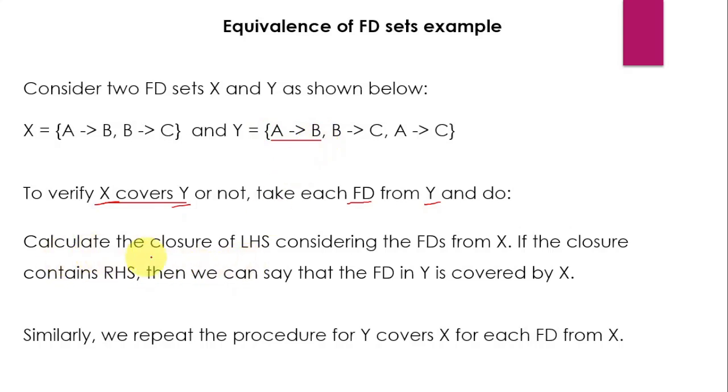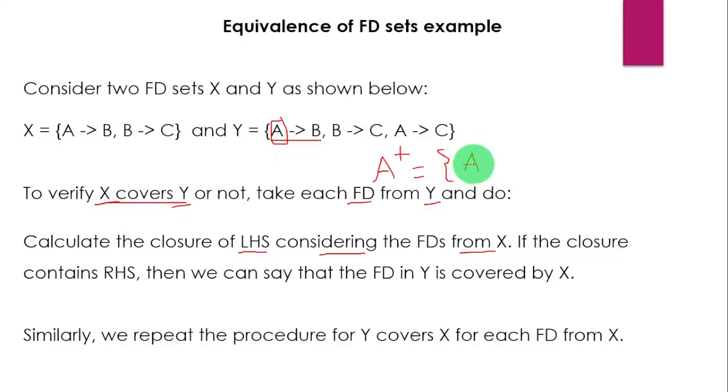Then calculate the closure of the LHS. You already know how to calculate the closure of an attribute; I already showed you in the previous videos. LHS means A, so we calculate A closure, but considering the FDs from X. To calculate A closure, you have to use these two, not the others.